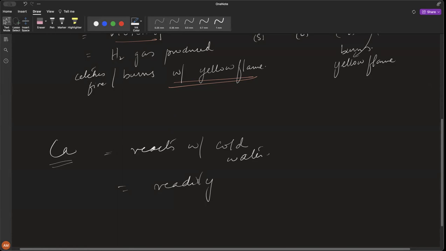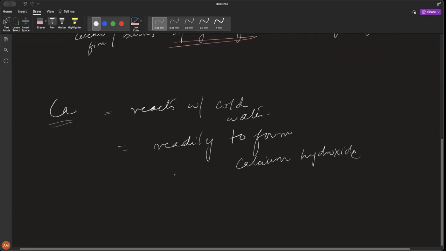Metal with water reactions are exothermic. It reacts readily to form calcium hydroxide and no flame. No flame.